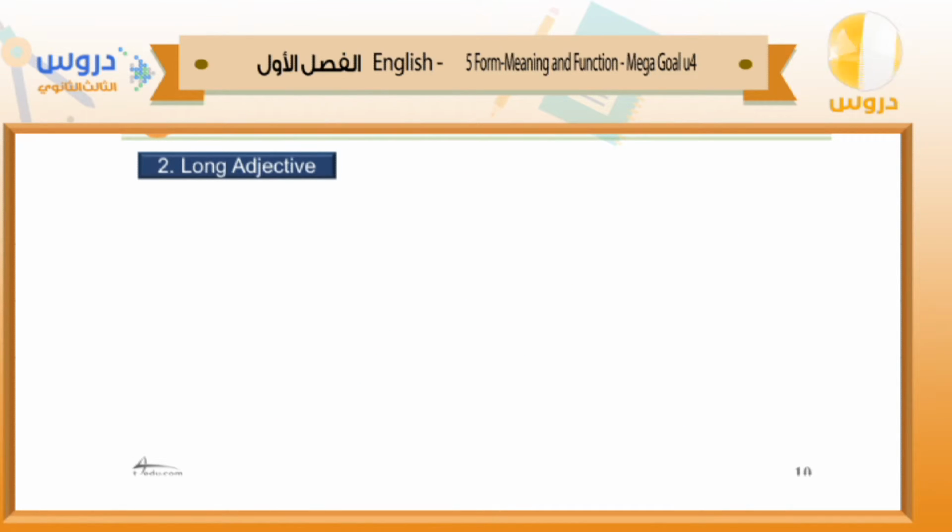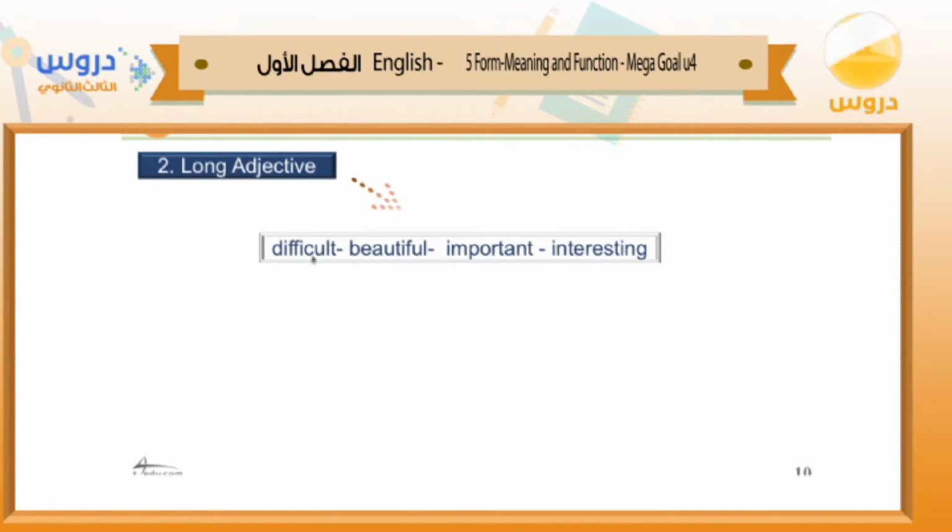What about the long adjectives? For example, here we have difficult, beautiful, important, interesting. Long adjectives means the adjectives which consist of more than one syllable. For example, difficult, beautiful, important.